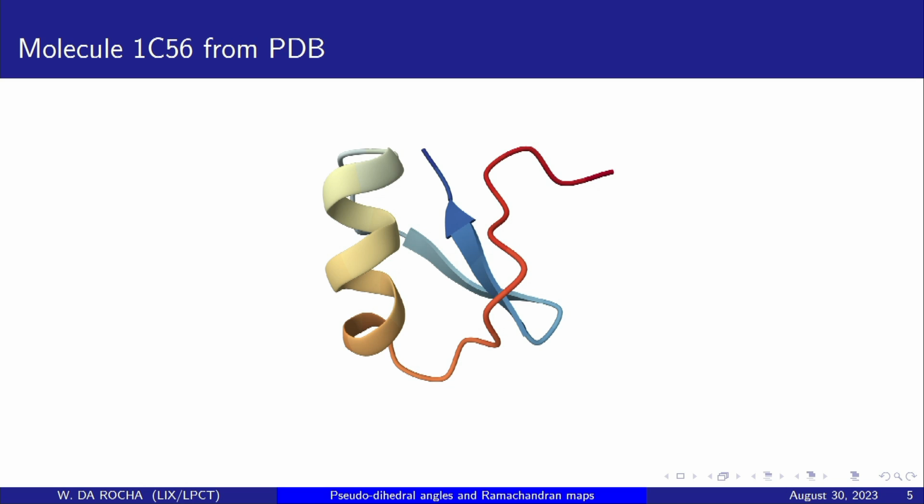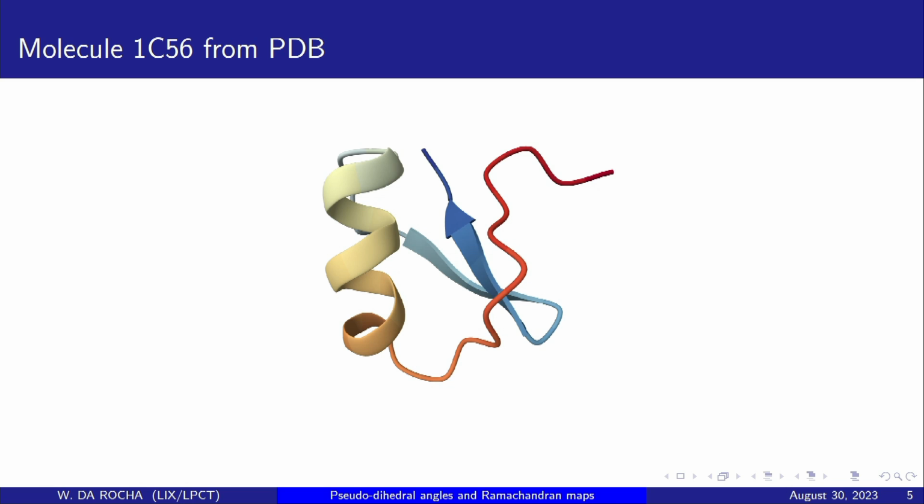Here I have one protein molecule from the PDB, the Protein Data Bank. Here we can see a kind of helix and two arrows. As Therese mentioned, the helix is the alpha helix and the arrows are the beta strands. They play a really big role in folded proteins.